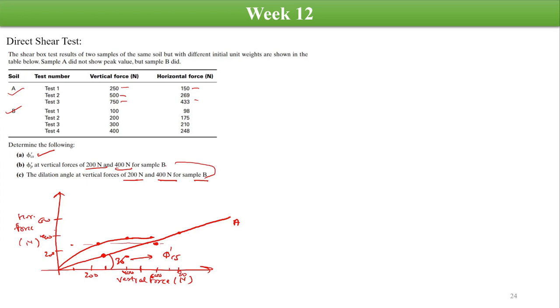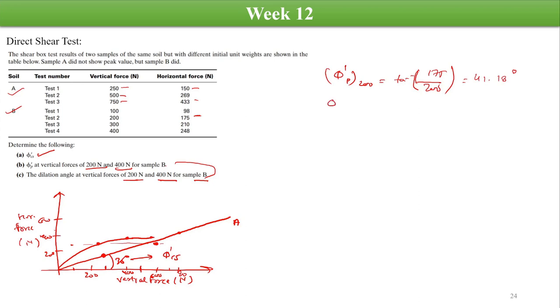Now, if we need to calculate the phi dash peak at a loading of 200, then we can obtain it by taking tan inverse of the horizontal force at 200, that is 175, upon 200. So tan inverse 175 upon 200 is going to be 41.18 degrees.